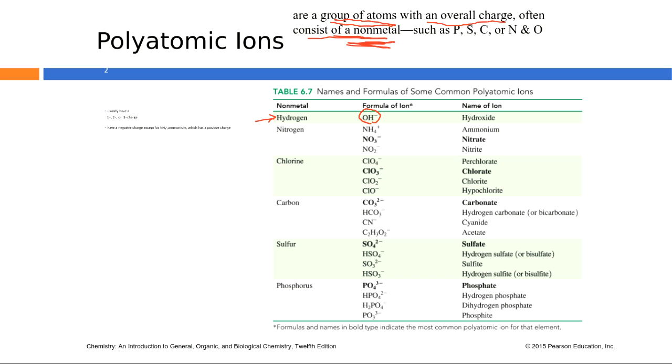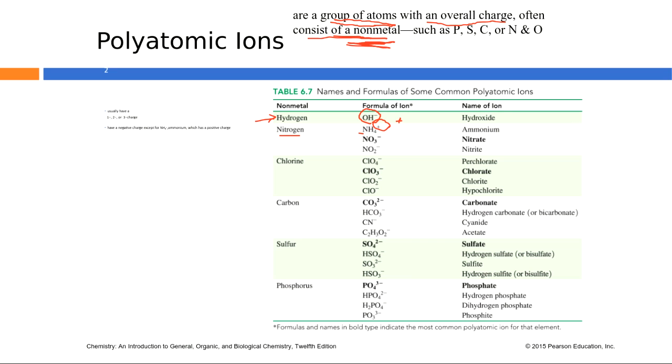Let's have another example. When nitrogen combines with 4 hydrogen atoms, that makes a polyatomic ion named ammonium. And take care that ammonium has an overall charge of 1 plus.